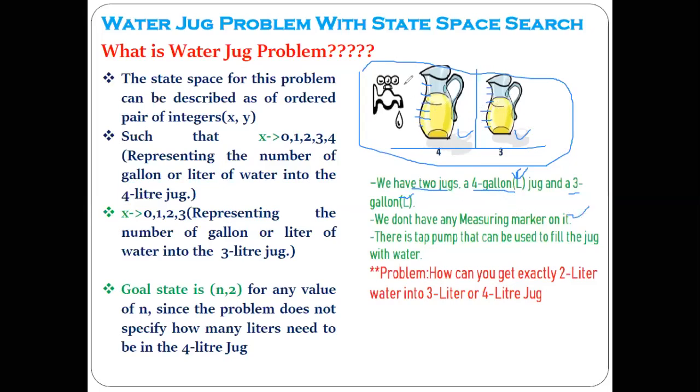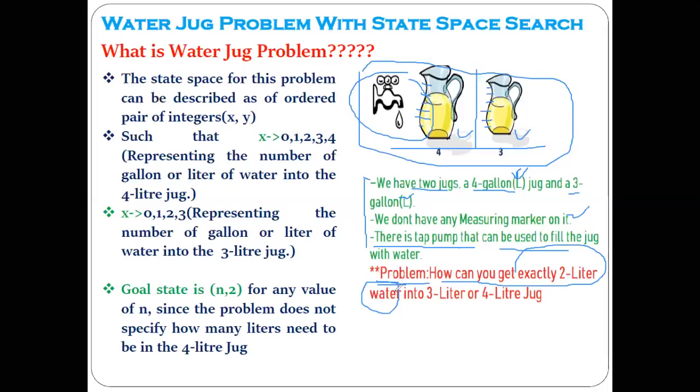Another thing, there is a water tap available using which you can fill these jugs. Now what exactly is the problem? This kind of problem usually asks for 8 to 10 marks. The problem is: how can you get exactly 2 liters of water?